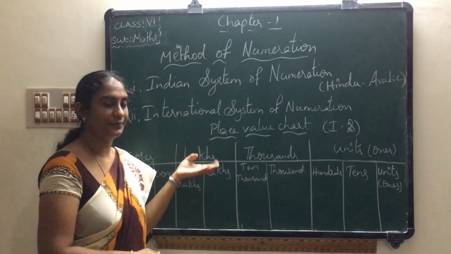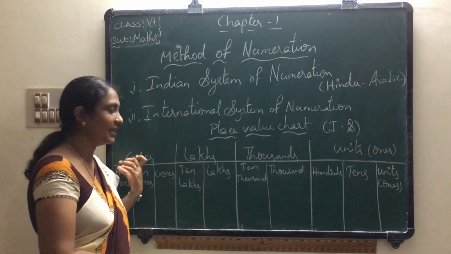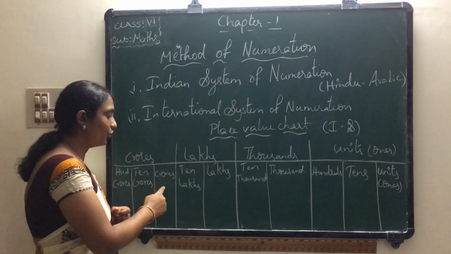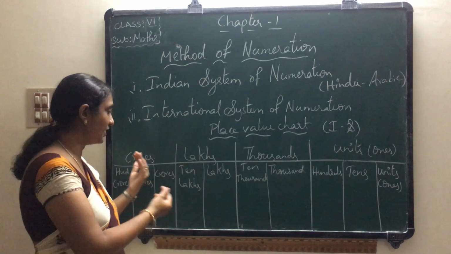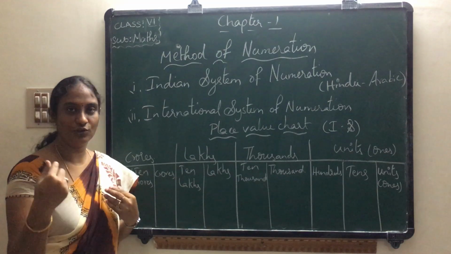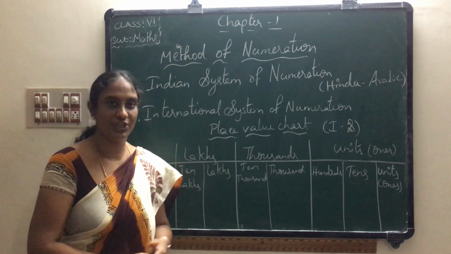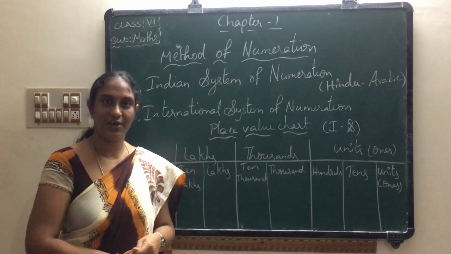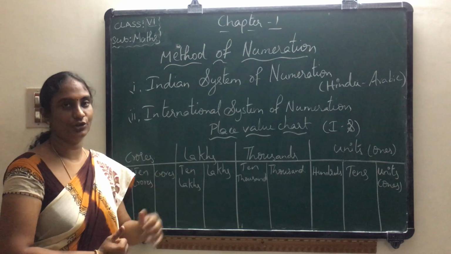Next, lakhs: lakhs and 10 lakhs. In the next period we get crores. Crores, 10 crores. After crores we are not having more, so we have to extend: crores, 10 crores, 100 crores, 1000 crores. Like that we have to write. Do you understand the place value chart? We have 4 periods: units, thousands, lakhs, crores.